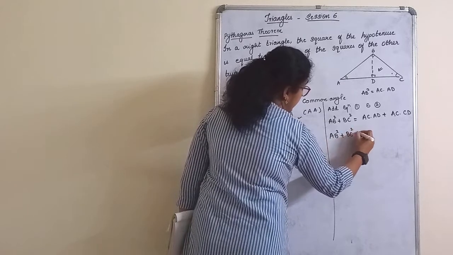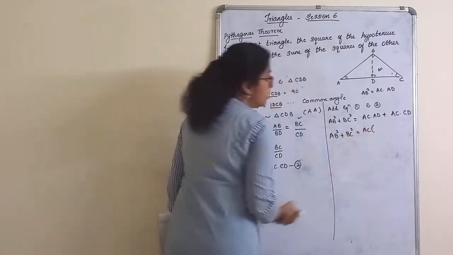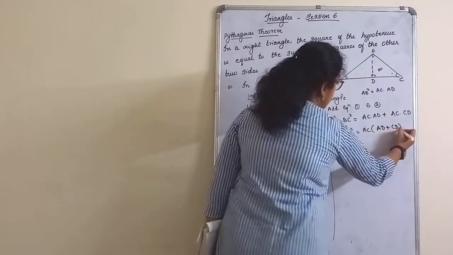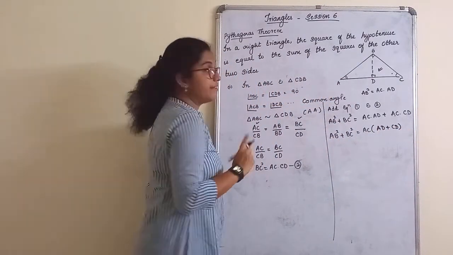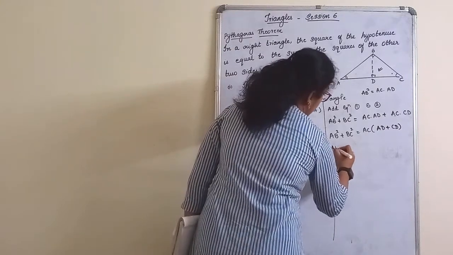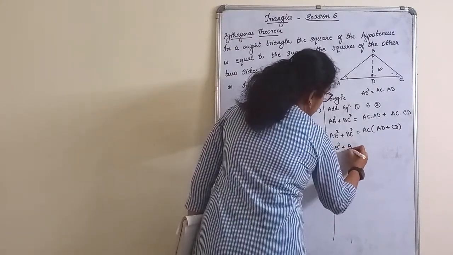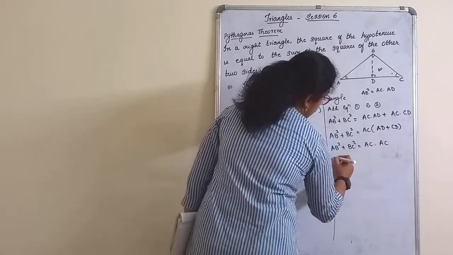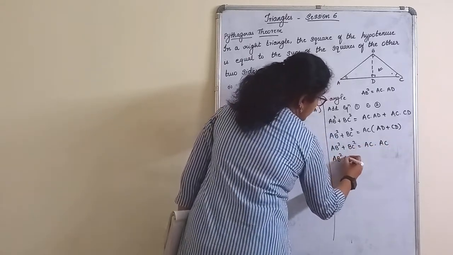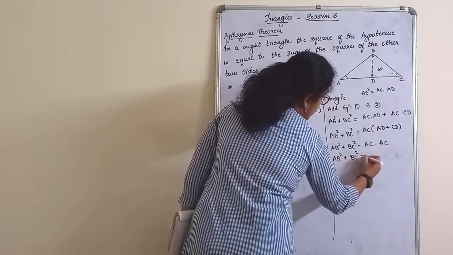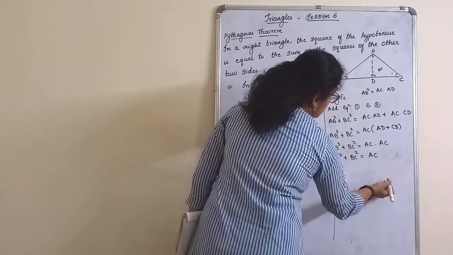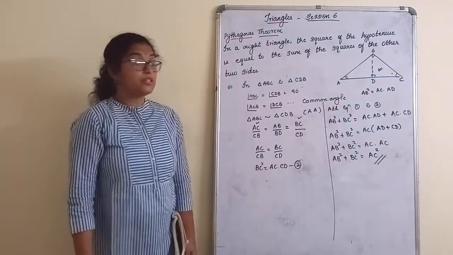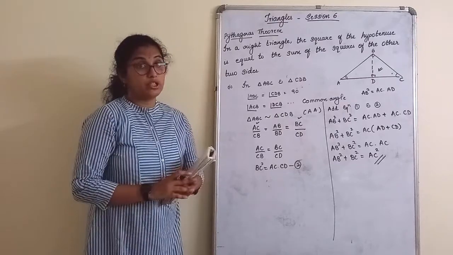Here I can take AC common. What I will write if I take AC common? AD plus CD. What is AD plus CD in the given figure? AC. AB square plus BC square is equal to AC into AC, which is AC square. Hence proved. Square of the hypotenuse is equal to the sum of the squares of other two sides.